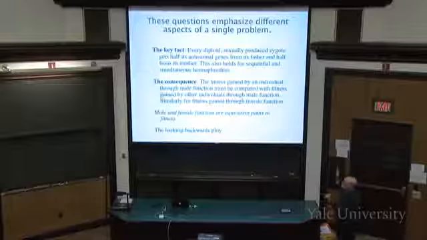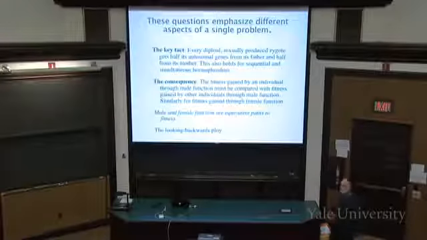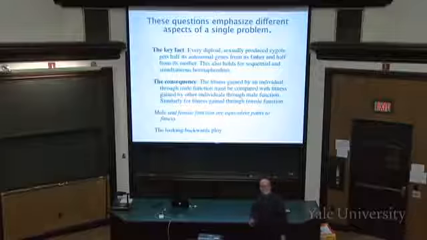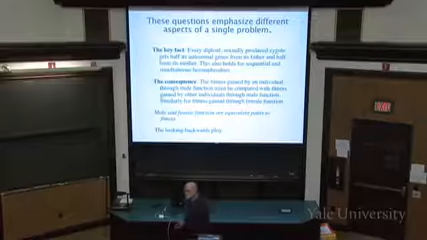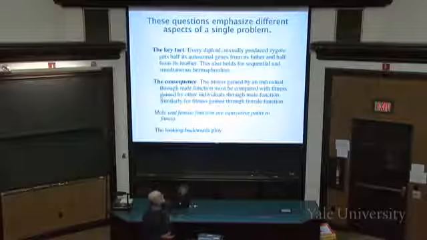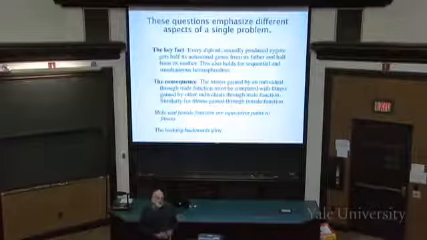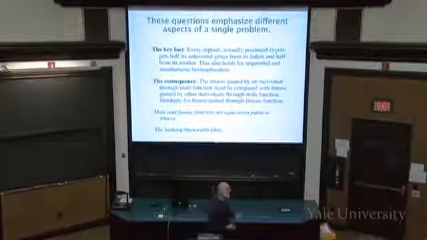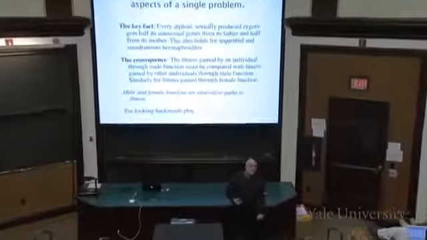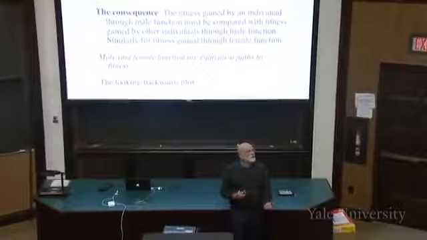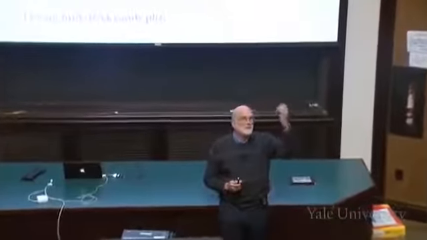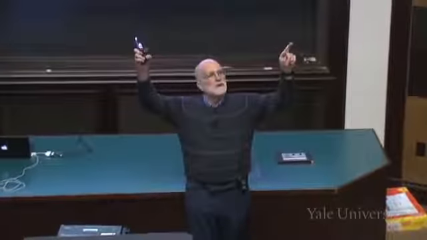Now, in a number of circumstances in evolutionary biology, it is advantageous to use what I call the looking backwards ploy to develop an intuition for why this is true. Think about the genes in your body. You got half from your mom and half from your dad. And look backwards to where they were sitting in grandparents, great-grandparents, great-great-grandparents, and so forth. If you go through that branching tree, going backwards, you'll see that in each generation, half of them were coming down through a female and half of them were coming down through a male.